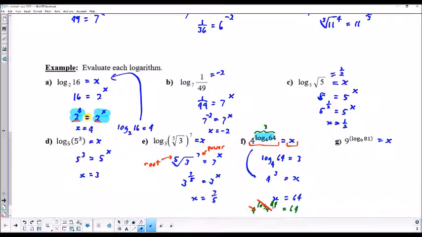I'm sure that's not the exact way that should be displayed, but the result is that if you've got the same base here and here, then the result is just 64, or the result is the same.